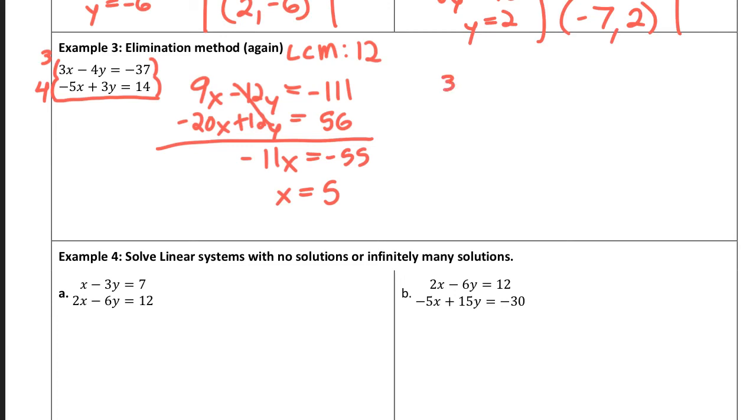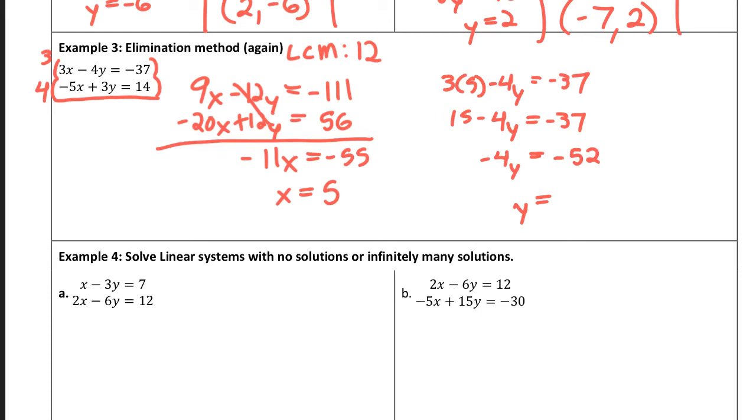So this becomes 3 times 5 minus 4y equals negative 37, or 15 minus 4y equals negative 37. And then negative 4y equals negative 52. Y is positive 13. So I get the point positive 5, positive 13 as my solution to that system.